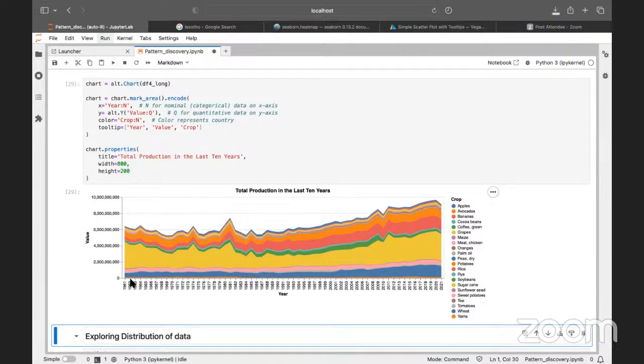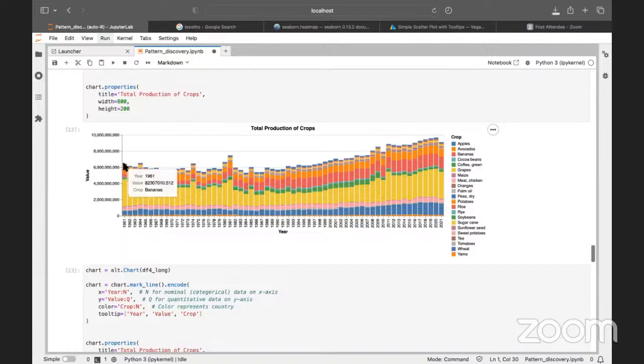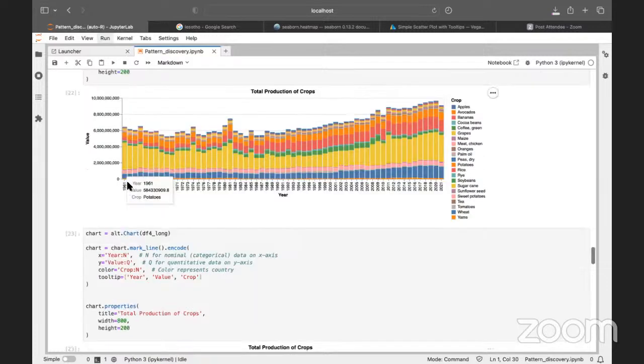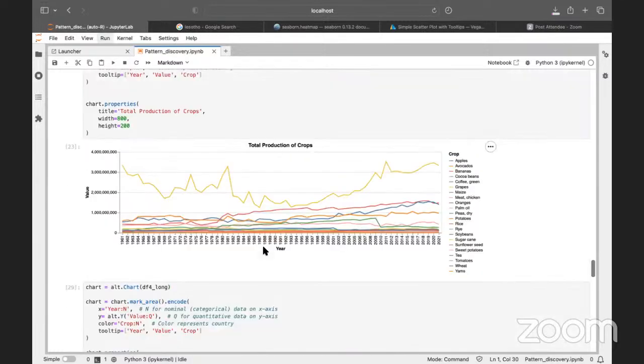It's the same way a stacked bar chart works, where the color segmentation specifies the various crops, and the whole bar gives us the total quantity for this year. It works the same way here as well.